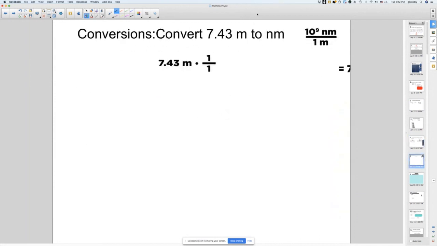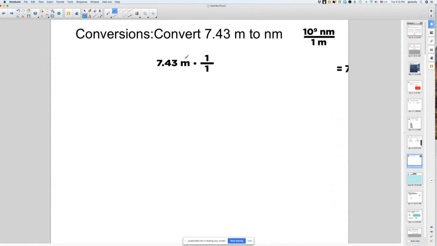So conversions. First of all, I'd like to just review that. As I mentioned before, if you take any number and multiply by 1, you still get that number. And that 1 is the relationship between things you want to convert. For example, let's say you want to convert 7.43 meters to nanometers. Well, you have to know the relationship between meters and nanometers.